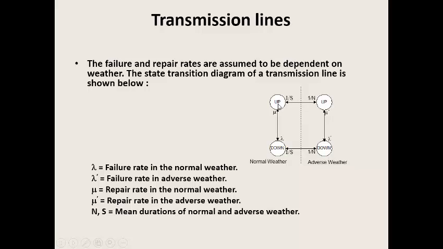So for the component, you can have the failure and the repair in the normal weather, you can have failure and repair in the adverse weather. And these rates, as you can see by these primes over here, will be different than the ones in the normal weather. So the weather can go from the normal to the adverse with this rate, and from adverse to the normal with this rate.